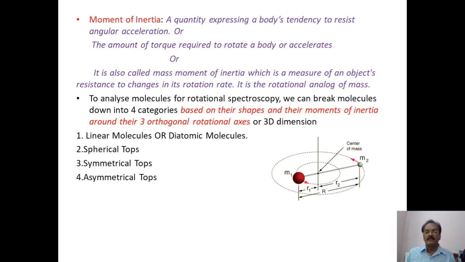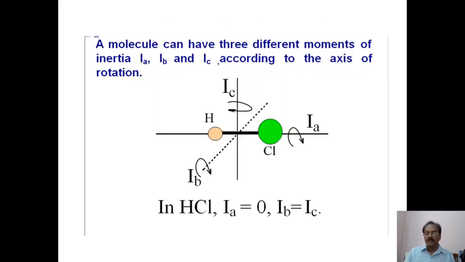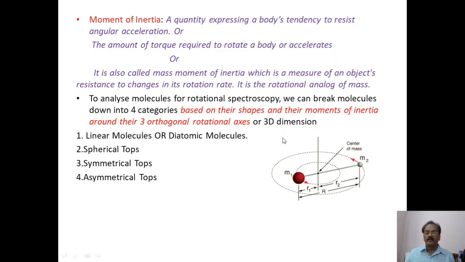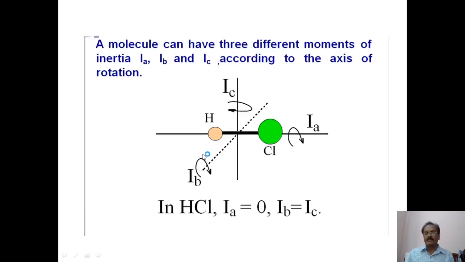We are mainly concerned with the study of linear or diatomic molecules, and the remaining are not our concern. But anyhow, this type of question may be asked in the next SET or NET exams. That's why I mentioned all the 4 types, but we are mainly concerned with linear or diatomic molecules, but they are in 3 dimensions.